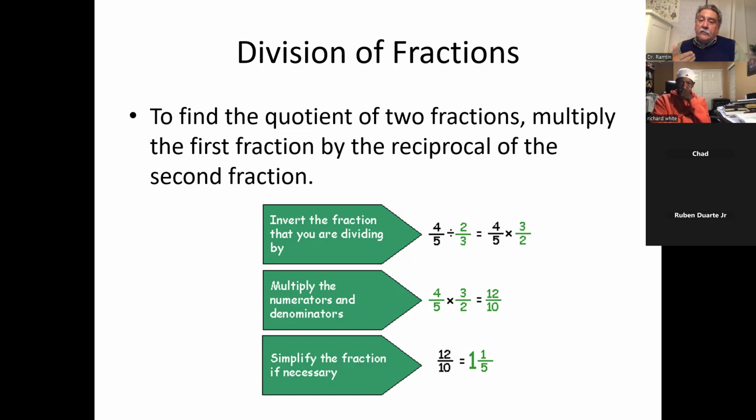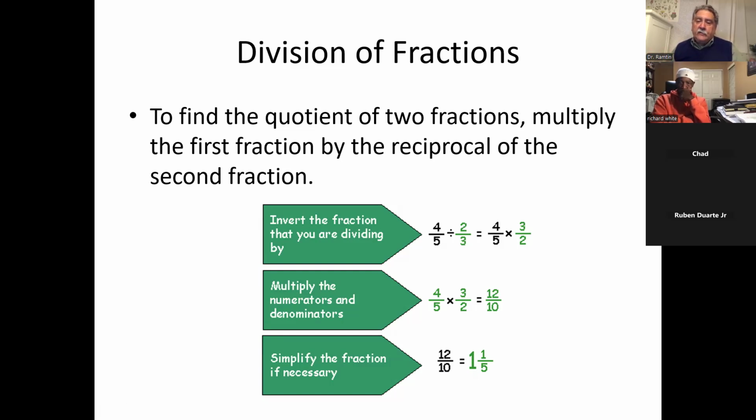So you get 12/10. Now, if you want to make it into a mixed number, you have to simplify it.